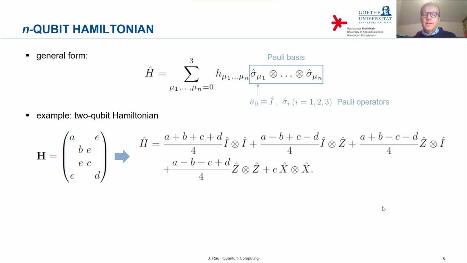Then unit operator tensor Pauli Z, then a tensor product of 2 Pauli Z's and a tensor product of 2 Pauli X's. Pauli Y doesn't appear in this special case. With various coefficients which are real. So I'm assuming that also in the original matrix, these are all real. So the coefficients are real. And you can check for yourself that this is the correct representation of this particular Hamiltonian in the Pauli basis.